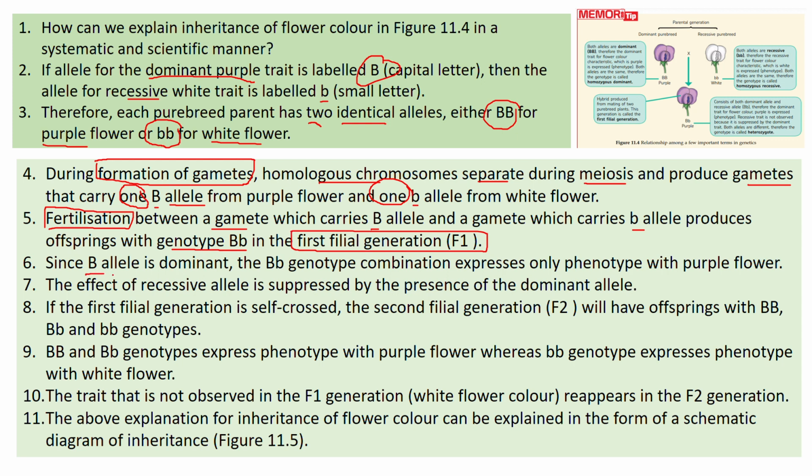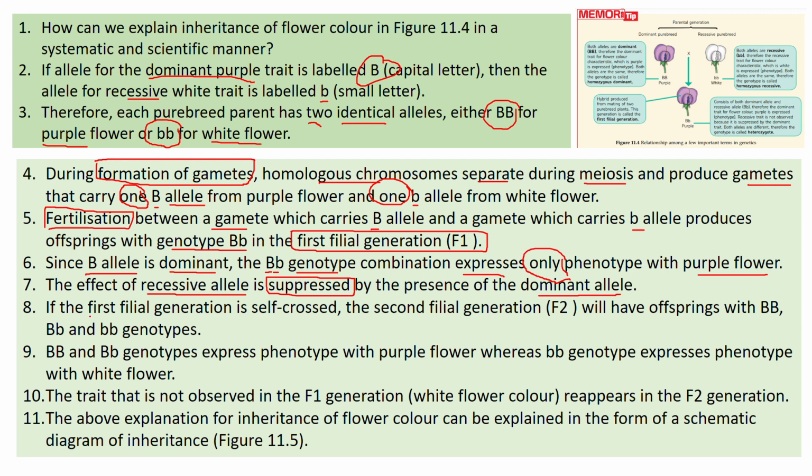And since B allele is dominant, the capital letter B and small letter b genotype combination expresses only, take note, only phenotype with purple flower. Okay, the effect of recessive allele is suppressed by the presence of dominant allele.